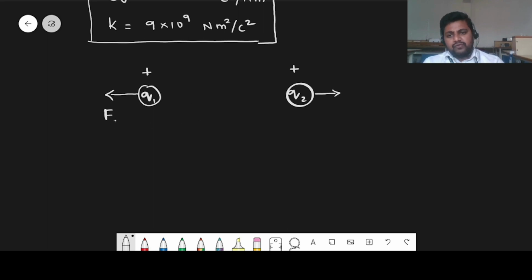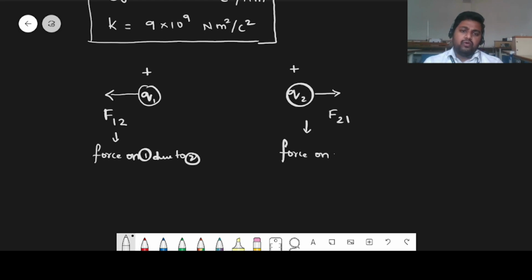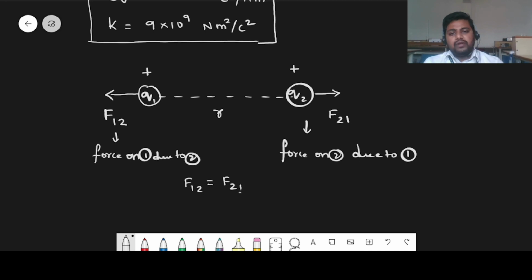You can write the force on 1 due to 2 as F12, and the force on charge 2 due to charge 1 as F21. The force F12 will be equal in magnitude to F21, because in both cases we substitute k, q1 and q2 divided by r square.